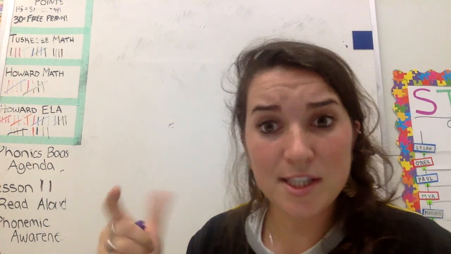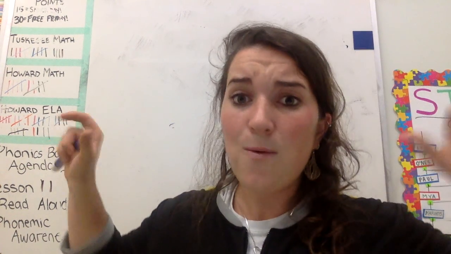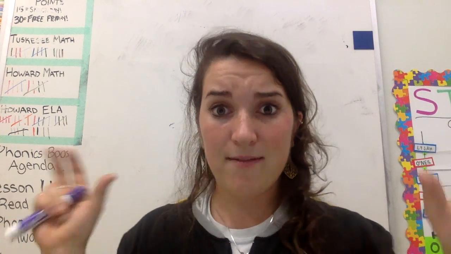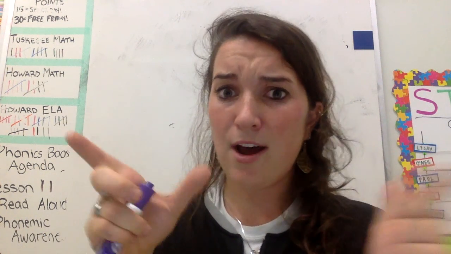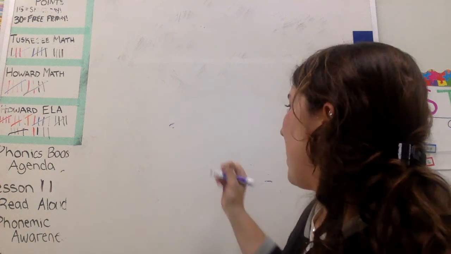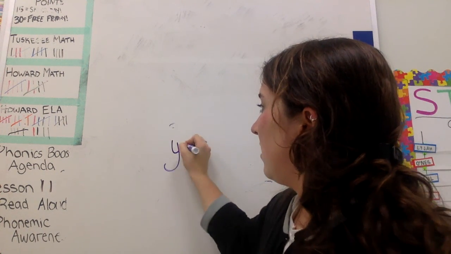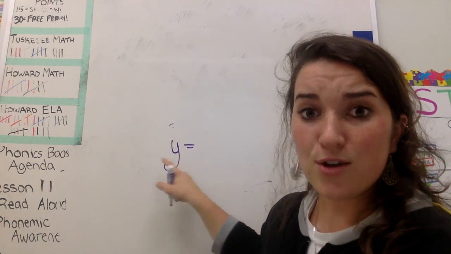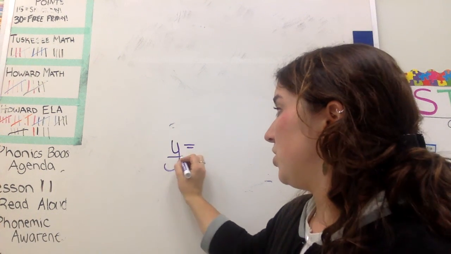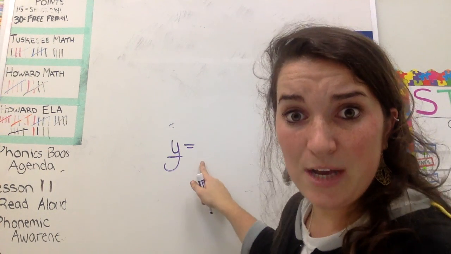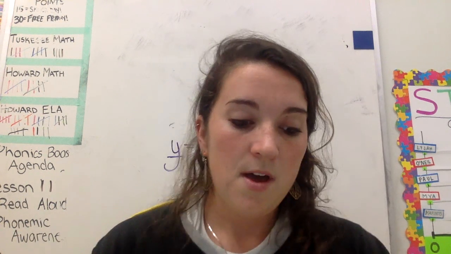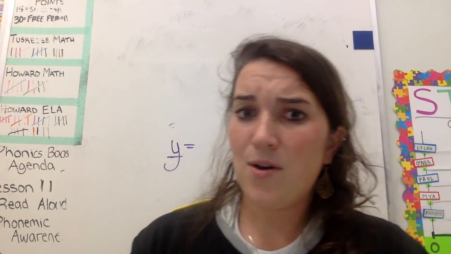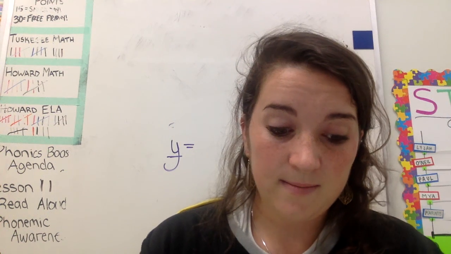And we know how much he spent on each thing. So I think on one side of my equation, I'm going to have the total amount he spent, and then on the other side, I'm going to break up what he spent on what. So I'm going to put my equal sign and my Y. So the total amount he spent, which is what Y is going to be equal to, all the different pieces he bought together. So now how do I write what Y equals?